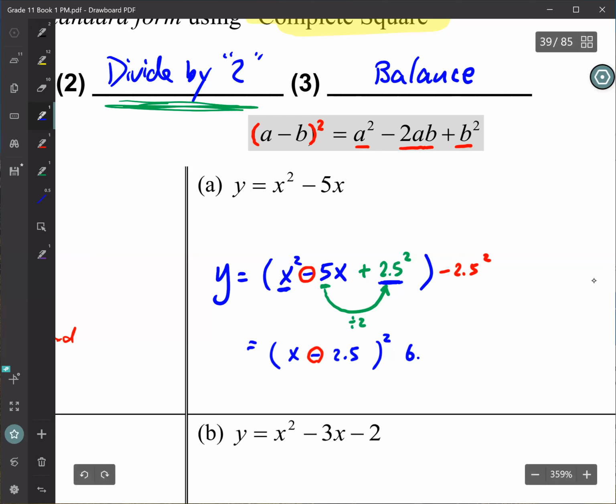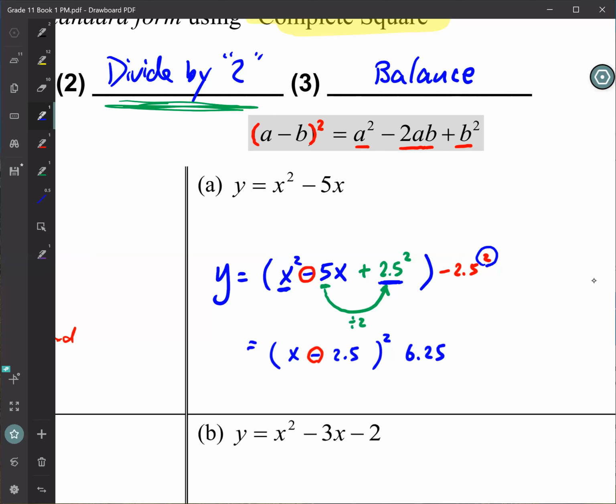And should it be positive or negative? Positive, because there's a subtraction. The square doesn't affect the minus. Since it's a negative 2.5, two negatives equal a positive.